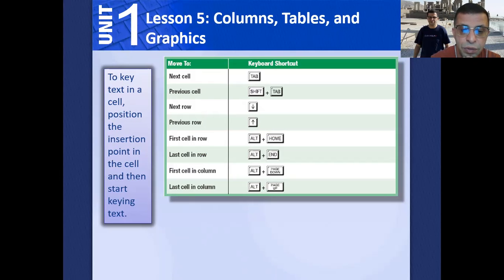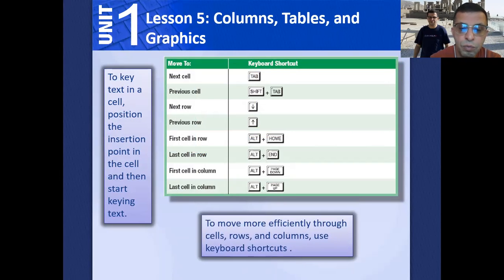If you want the first cell in a column, press Alt Page Down, or if you want the last cell in a column, you press Alt Page Up. To move more effectively through cells, rows, and columns, you can use these keyboard shortcuts, or you use your insertion point or a mouse to click on that cell.